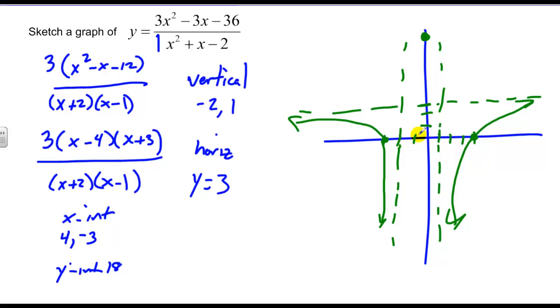I know this graph is not going to cross this axis because the only calculated x-intercepts are these two. So I know that this guy is probably got to hook up here and hook up here. And then I'm done.